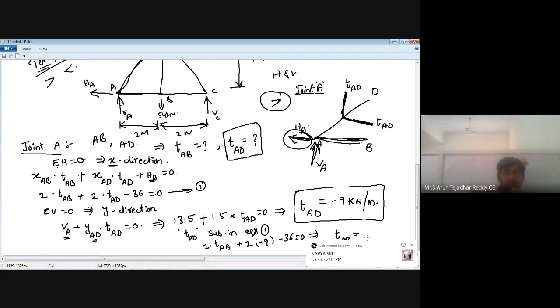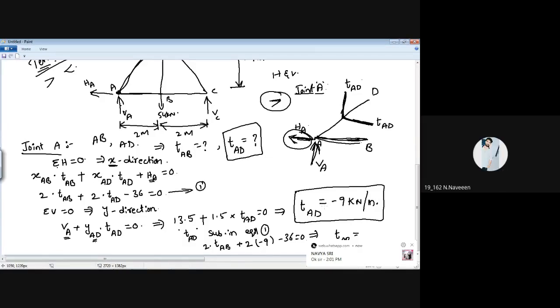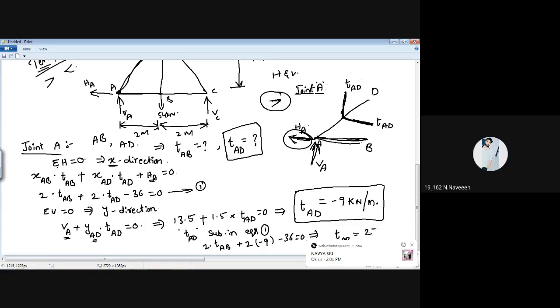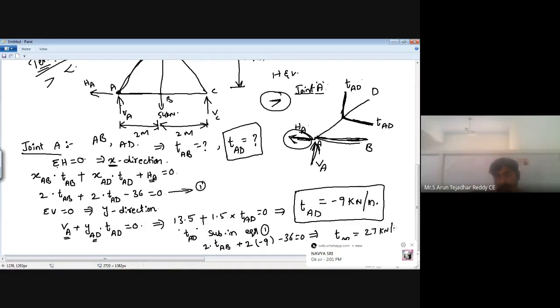Once open your calculator. 27 kilonewton per meter. Yes. So TAB also completed.